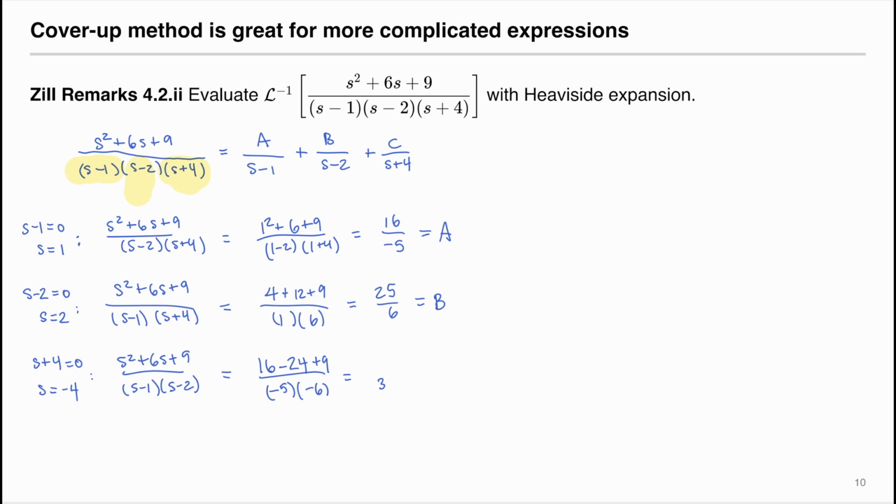We have 30 at the bottom. At the top we have minus 17, and we have the third coefficient. So we can fully describe this rational function with its partial fraction decomposition, just plugging in the numbers.